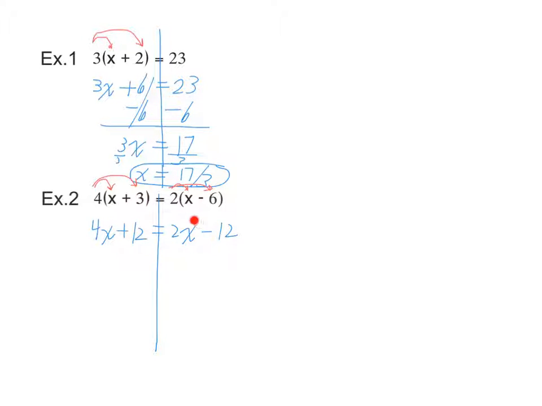When that situation occurs, we want to try to get it on the left, if possible. So I'm going to do that by subtracting 2x from both sides. Notice how on the right-hand side, this minus sign that's in front of the 12 stays there.